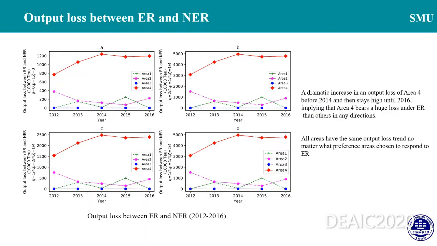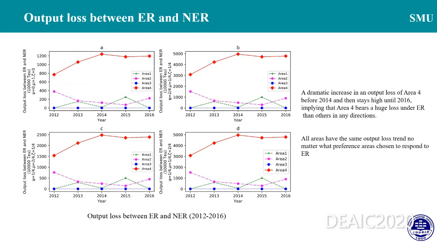Then we can compare and calculate the output loss between the environmental regulation and the non-environmental regulation. We can see clearly that for area 4, there is a dramatic increase in output loss before 2014, which then stays high until 2016.